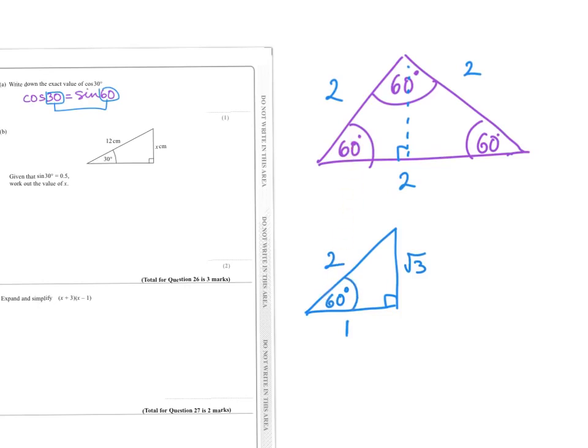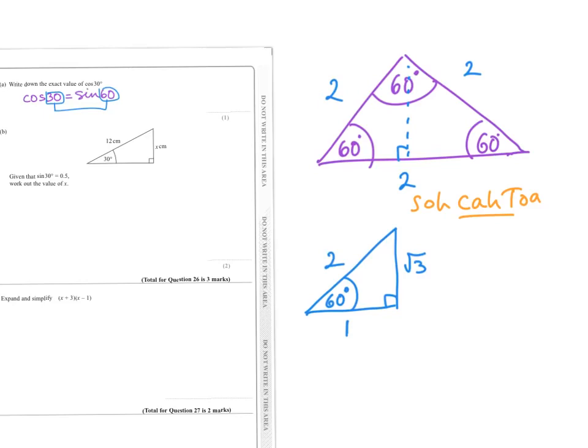And then you would have the cosine of 60 using SOHCAHTOA. The cosine of 60 would be adjacent over hypotenuse. So the cosine of 60 would be a half.